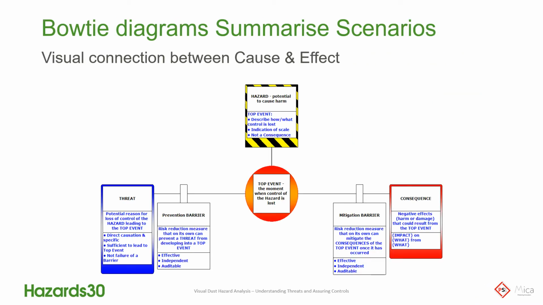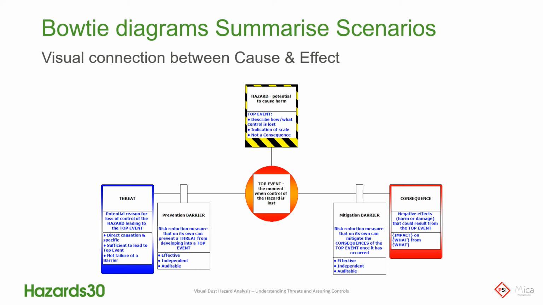Taking the Swiss cheese model and evolving it, this is the simple bow tie visualization. At the heart of the bow tie, we have the hazard with the potential to cause harm. That could be hazardous material, hazardous energy, hazardous activities. The top event is the moment when we lose control of that hazard.